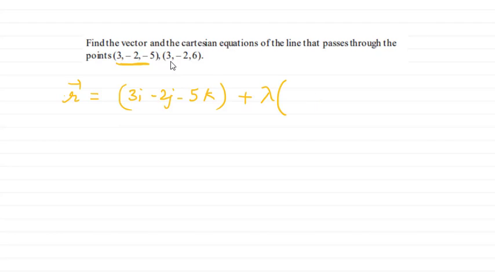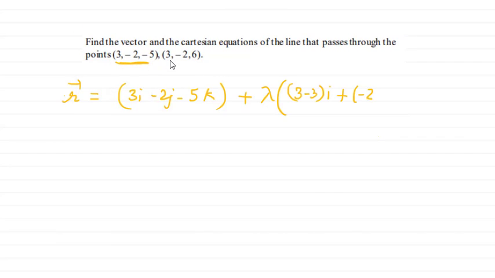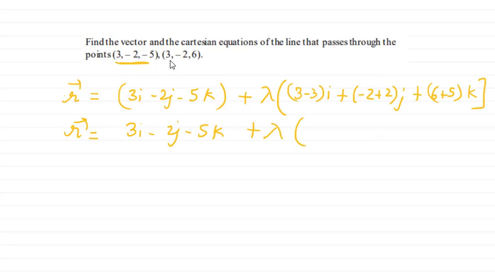So finding this, you'll get (3 minus 3)i plus (minus 2 plus 2)j plus (6 plus 5)k. So that gives you the vector form: r equals 3i minus 2j minus 5k plus lambda into (0i, 0j as well, and 11k). So that will be the answer for this question. This is the vector form.